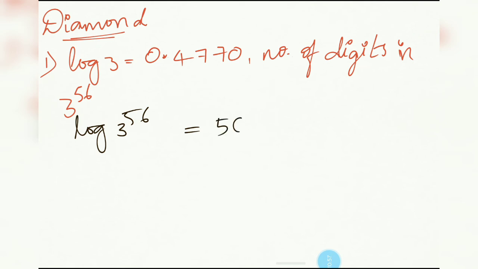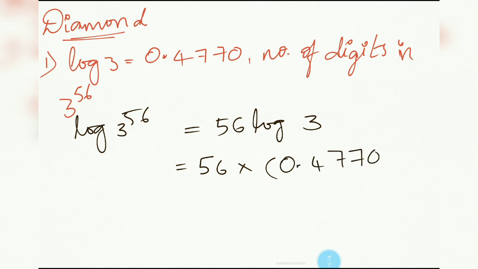So 56 log 3 is the value we are going to get. Now log 3 value they have given to us, so just put 56 into 0.4770. When you multiply that, the answer is going to be approximately 27. So the option is C. The answer is C.